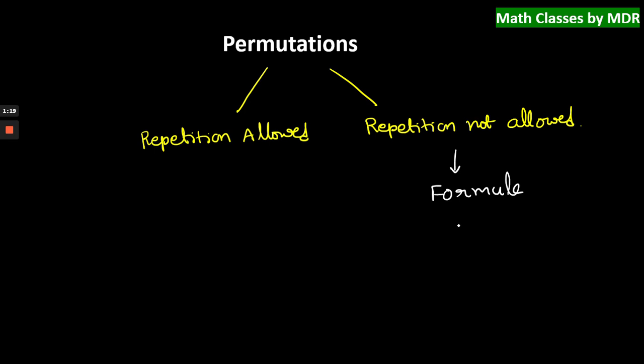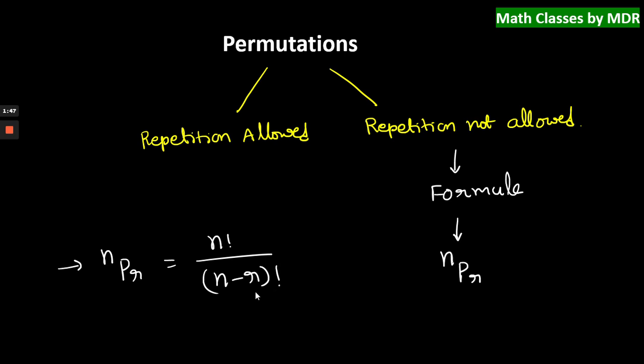The permutation formula says that when you are trying to arrange r things from n things, that can be determined by using nPr. What is nPr? nPr is equal to n factorial by n minus r factorial.